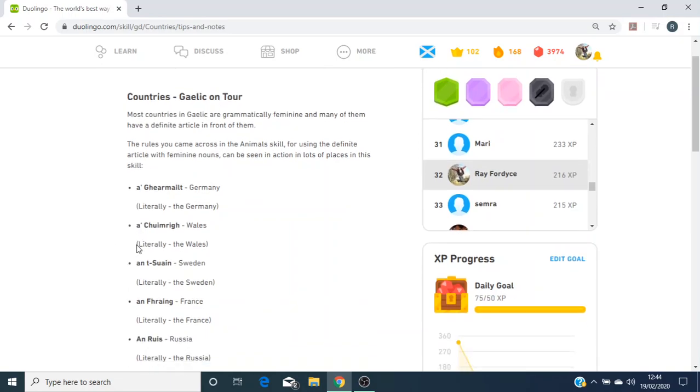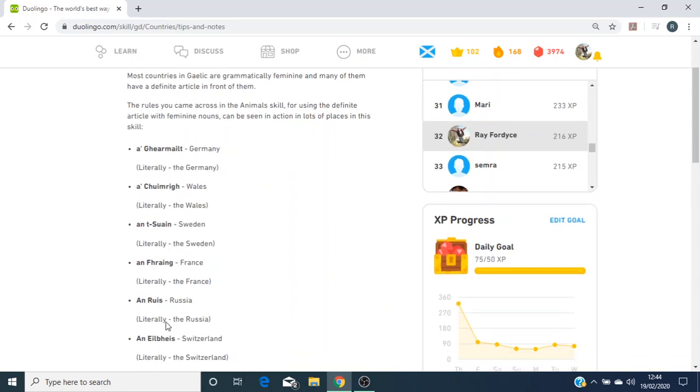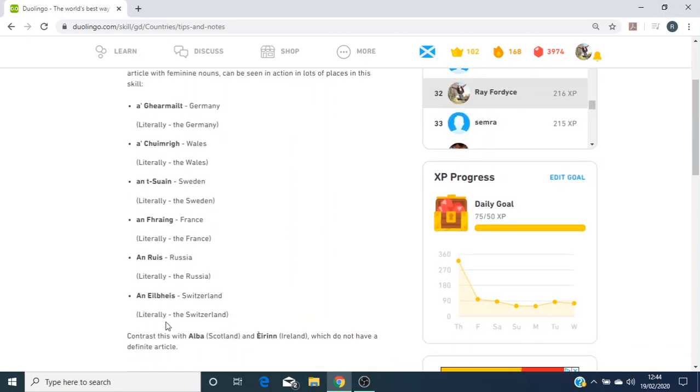So, a Yarmalch, Germany, literally the Germany. A Chumri, Wales, that's almost like the Welsh, Cymru. And Tuin, Sweden. And Rhang, France. And Rush.